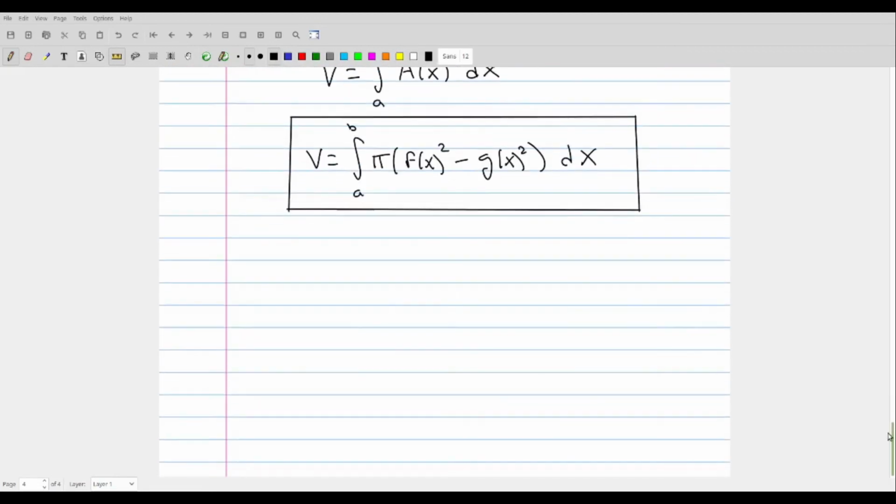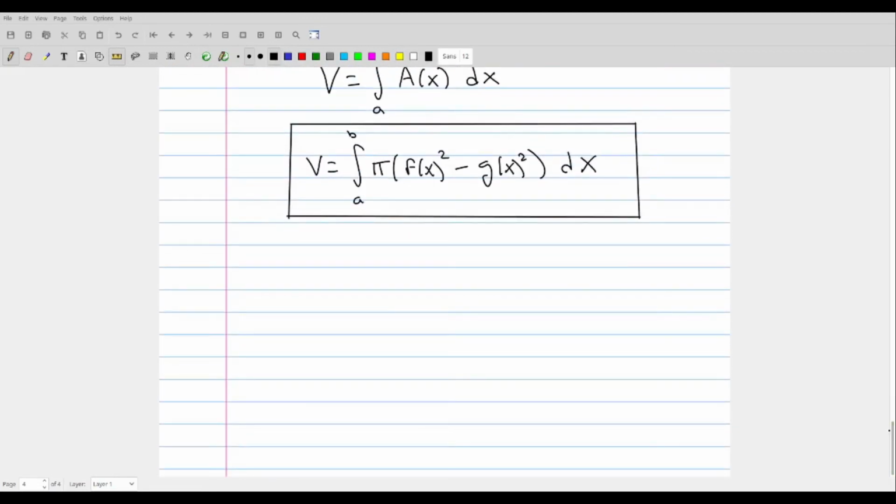How does this formula change? It turns out it's not going to change that much, and specifically it's going to change very similarly to how it changed before. So what does the washer method look like in this case?